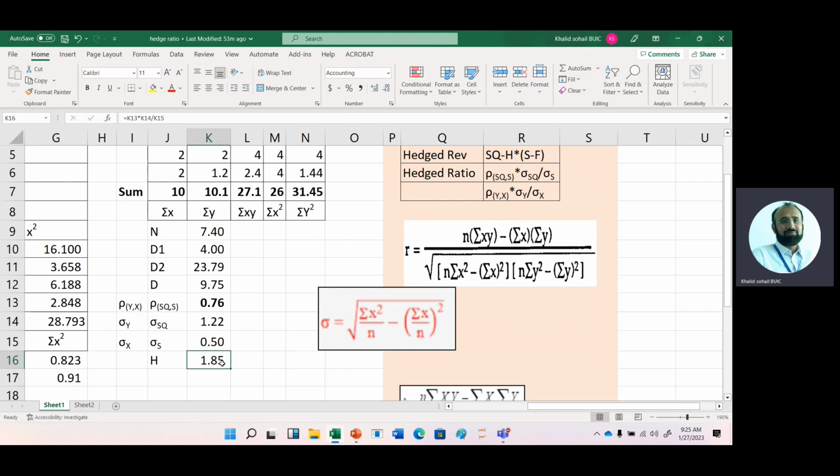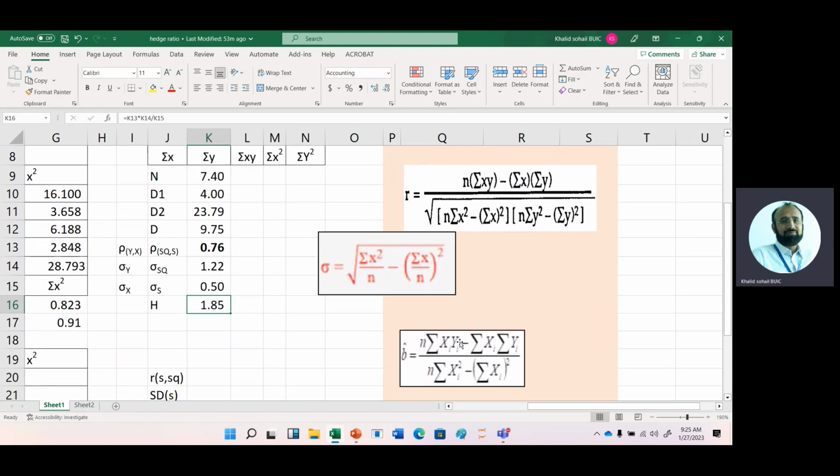So with the help of this hedge ratio, or even we can get this hedge ratio with the help of beta. Now we have already calculated this numerator and denominator as well. The numerator is the same. You can check that in correlation we have the same numerator and in beta. It's very simple.